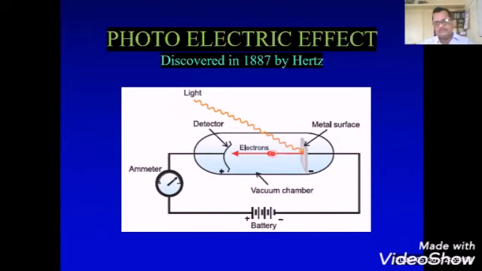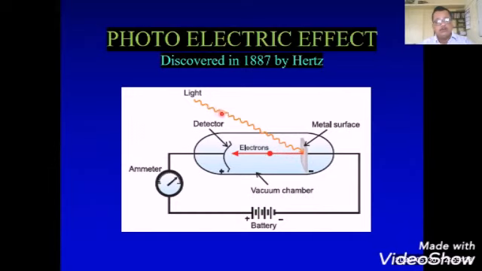Secondly, as I already told you, not all light is able to eject photoelectrons. To eject a photoelectron from the surface of a metal, the light must possess a minimum wavelength. That means light with wavelength above it will not be able to eject photoelectrons.